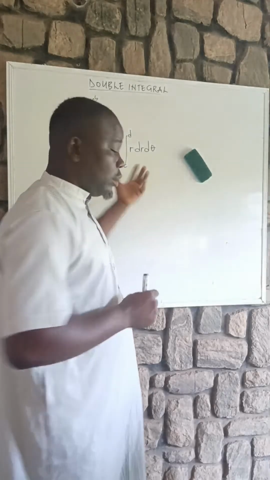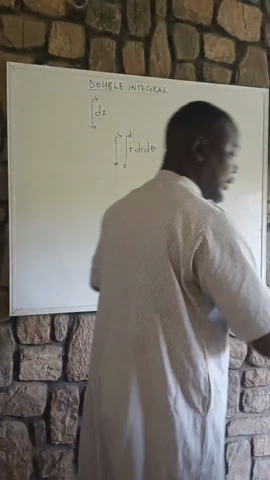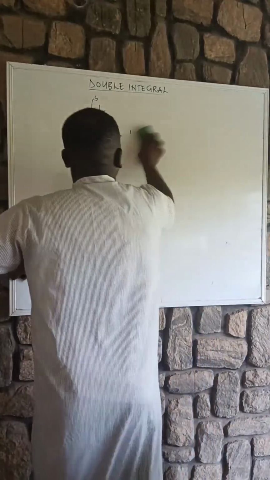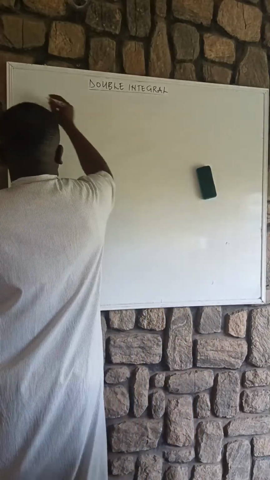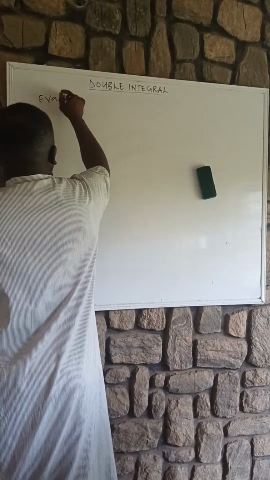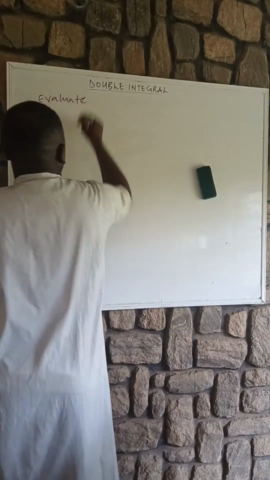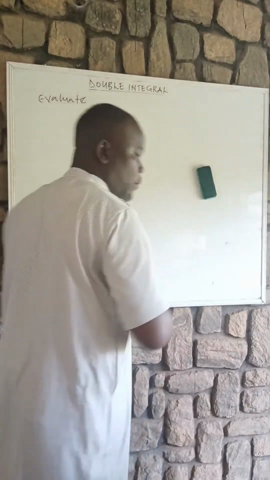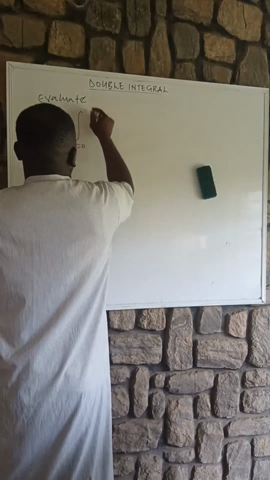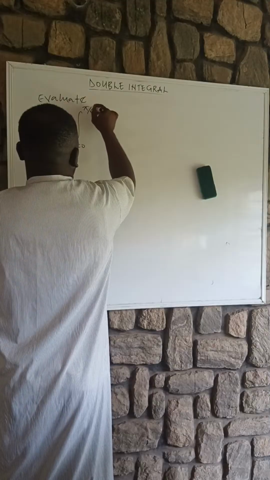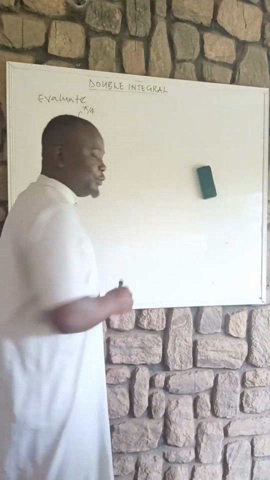Okay, so let's go ahead and solve this problem. Let's say evaluate the integral theta equals 0 to pi over 4. Can you see now?